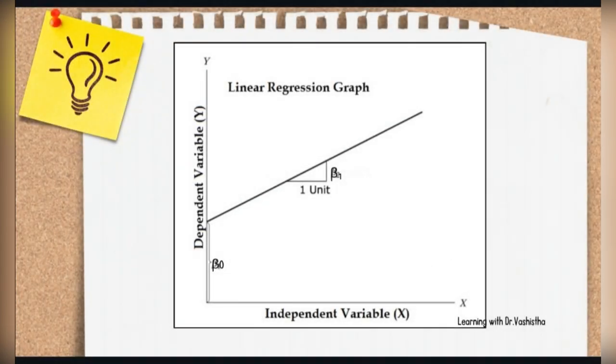So here is the linear regression graph through which the equation has been presented. Dependent variable y is on the y-axis, independent variable x is taken on the x-axis. Beta naught, from where the graph starts, is the point where the value of x is 0, so it is the intercept, and beta 1 is taken as the slope.